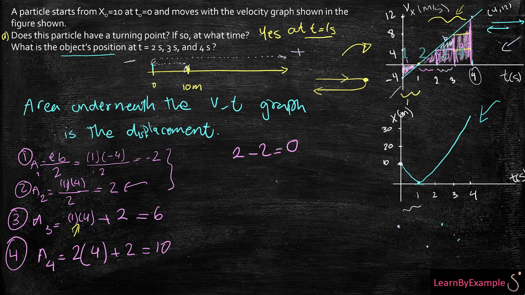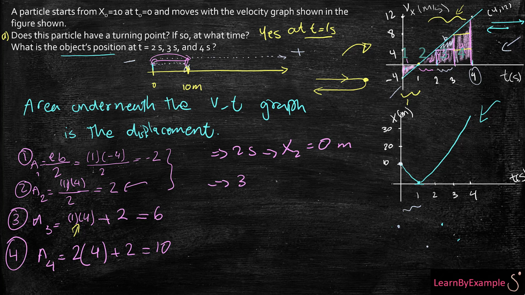So basically the displacement is 0, and as we explained, it makes sense because I'm moving from 10 meters to 0 and going back to 10 meters, so that takes 2 seconds. Therefore, I've traveled back to my original position. Therefore, over here, at 2 seconds, I'm going to be at my position 0. So my x at 2 would be at 0 meters.